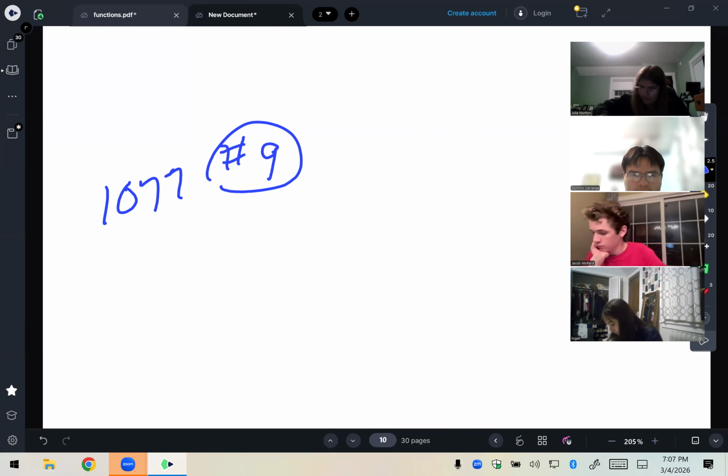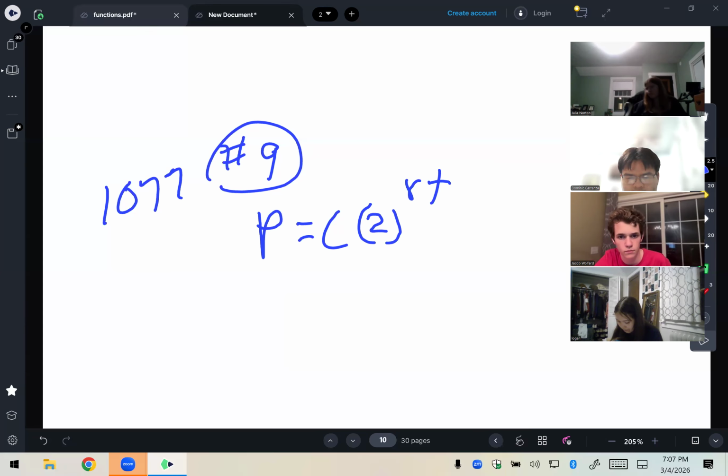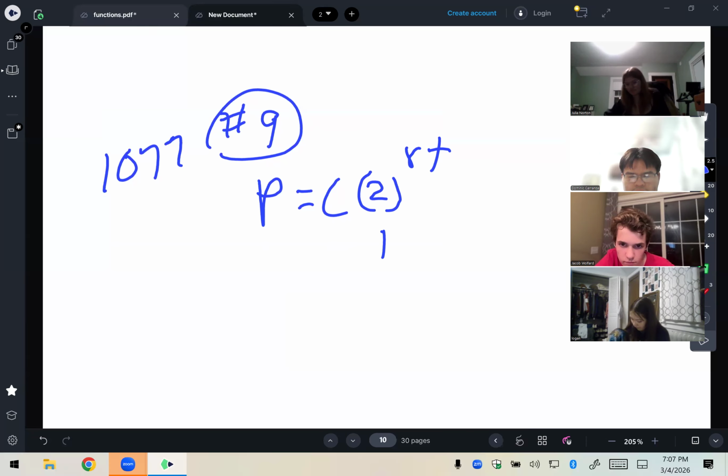All right, so we're going to do this one. They give us the formula: P equals C times 2 to the RT. Okay, so this is always your rate. Let me read the experiment.